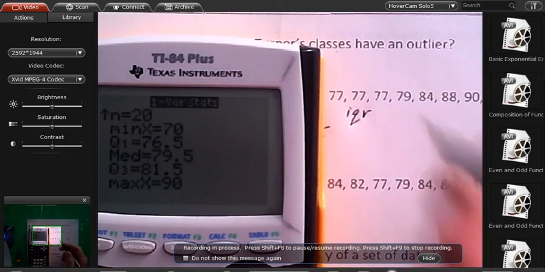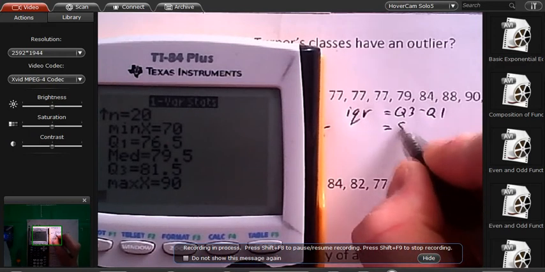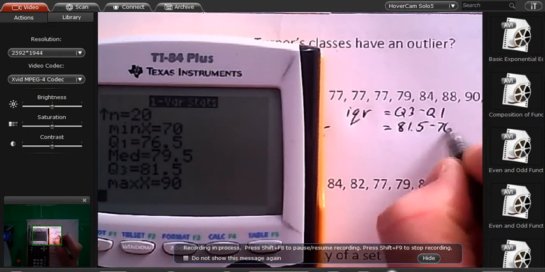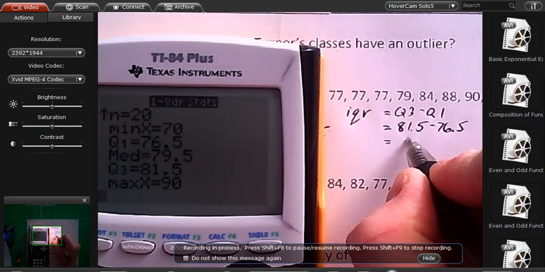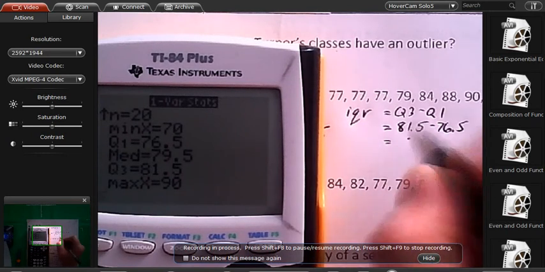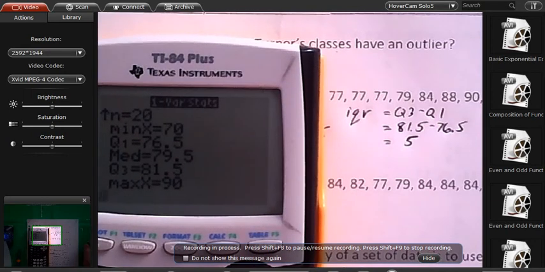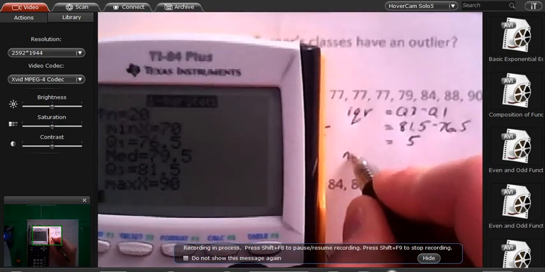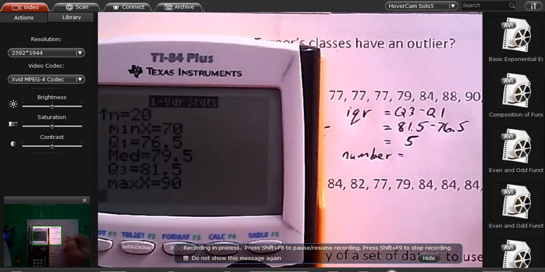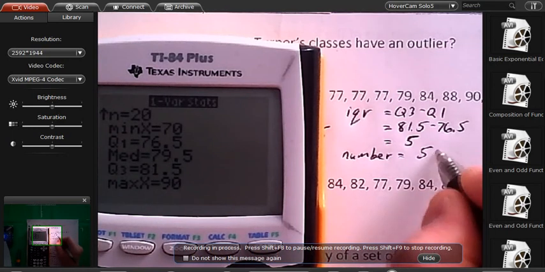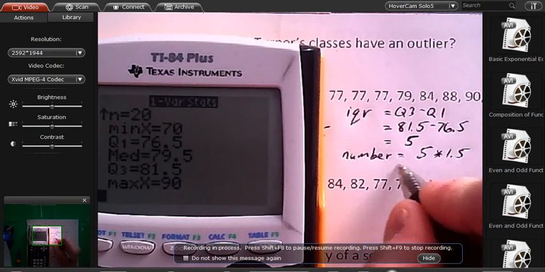Q3 minus Q1 would give me 81.5 minus 76.5, and that comes out to be 5. So my IQR is 5. Now to find my special number, I'm going to take the 5 times 1.5, and that gives me a special number of 7.5.